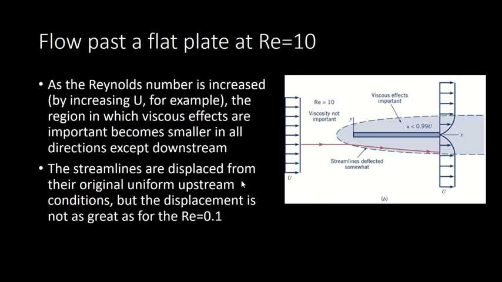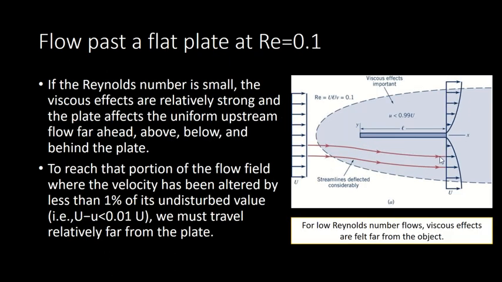As the Reynolds number is increased by increasing u, for example, the region in which viscous effects are important becomes smaller in all directions except downstream. Behind the plate, the distance is still like Reynolds number 0.1.